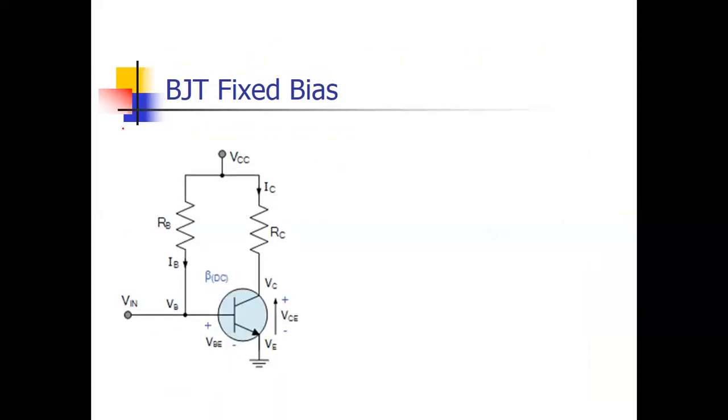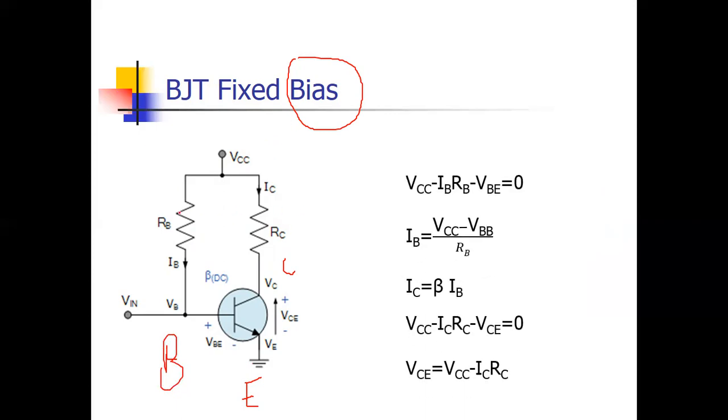So this is the circuit of BJT fixed bias. In short, bias means you calculate the Q point. This is the configuration of a common emitter amplifier, because the emitter is grounded, or common between collector and base. Now we have to calculate the Q point. For that, we have to apply KVL at the input side and KVL at the output side.